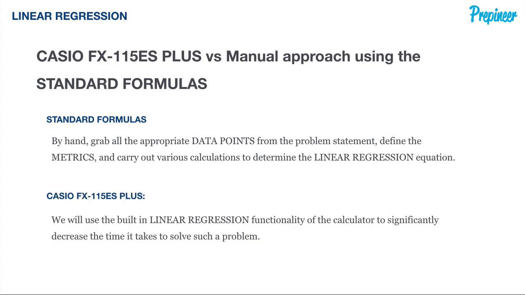Or we can use our CASIO FX-115ES Plus, deploying the built-in linear regression functionality and the information that's given to us straight in the problem statement. We will run through both of these methods, first by hand and then using our CASIO FX-115ES Plus during this workshop.